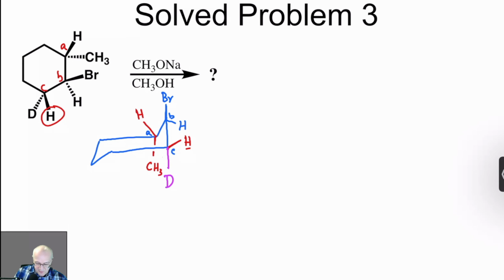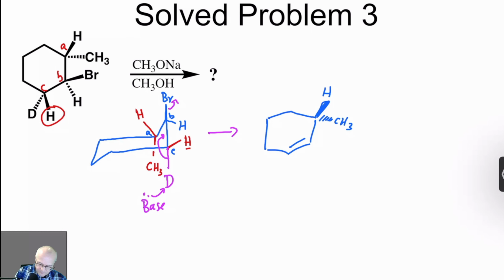Okay? So now we can already see the deuterium is anticoplanar to the bromine. So this deuterium is anticoplanar to that bromine. So this is definitely going to work. The base will attack the deuterium. It'll cascade down like this. And you'll get, at the end of all this, that.